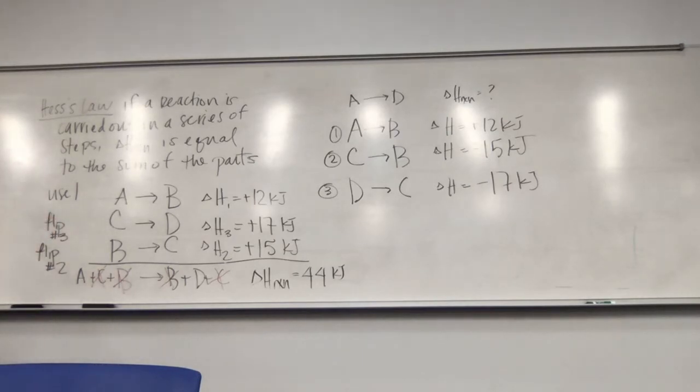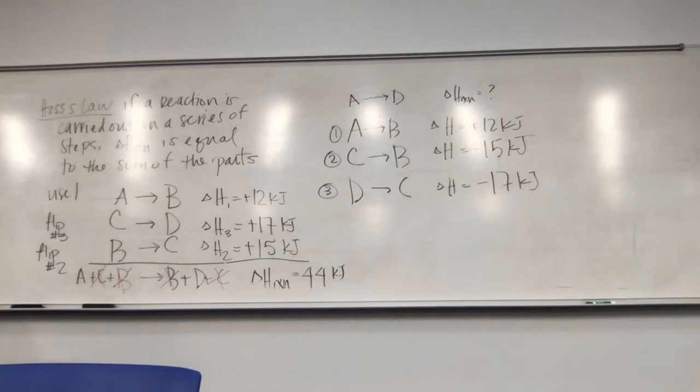Questions before we work our first example? I don't want to call it a real example, but one that has chemicals in it. Yeah? With 15 and 17 kilojoules, do they become positive because you manipulated them? Because you flip it. When in a reaction it takes 15 kilojoules to go that way, it is negative 15 kilojoules to get back.